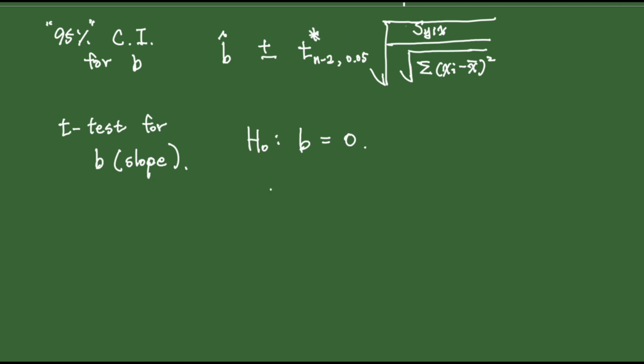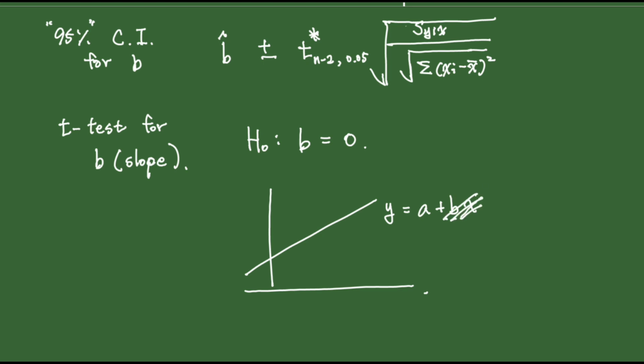When you think about the regression line, we can write its formula as Y is equal to A plus B X. However, when the slope B is 0, the x term vanishes, so y is not related to x.